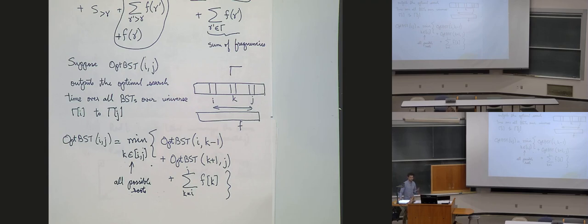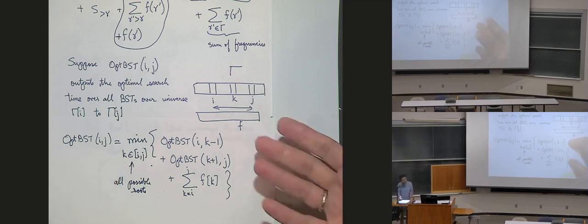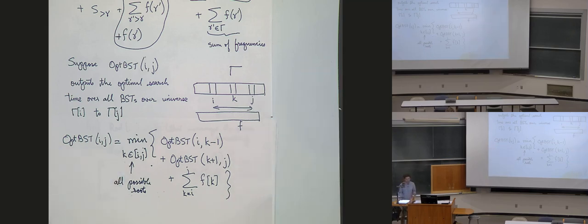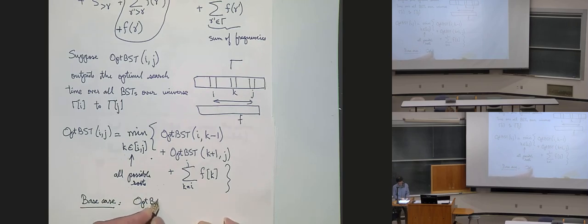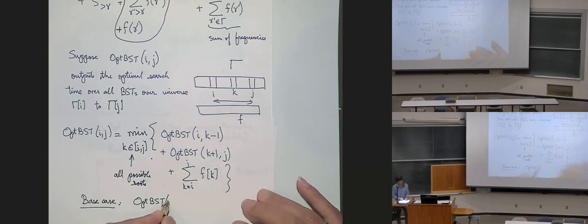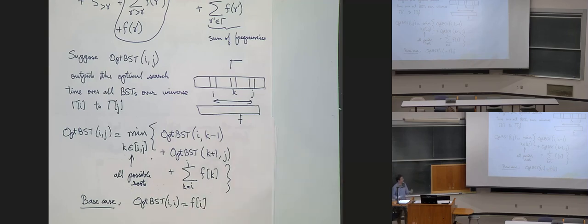But this gives you the recursive algorithm at some level. I should just write here that in the recurrence you have a base case, and the base case is just opt BST of i comma i is equal to f_i. So that gives you the base case.